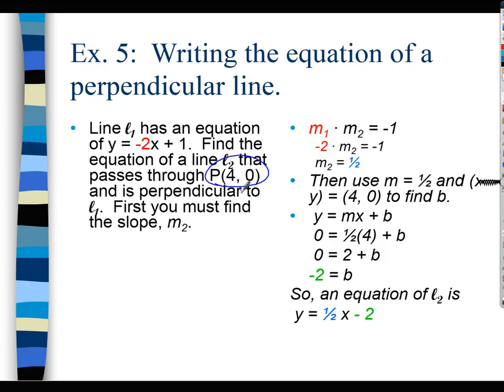You see that this is almost the same problem we did before. What's going to be the slope of our line if we want it to be perpendicular to this one? Positive 1/2, isn't it?